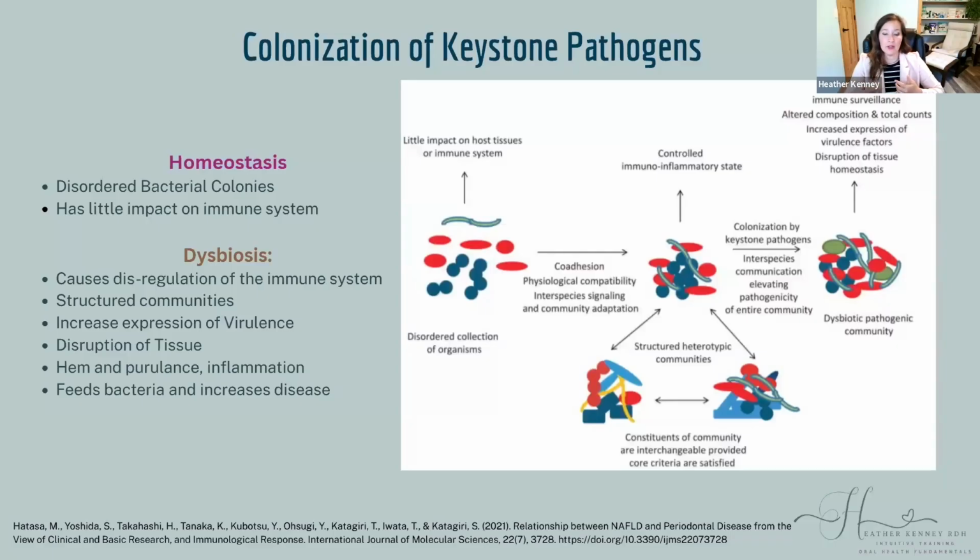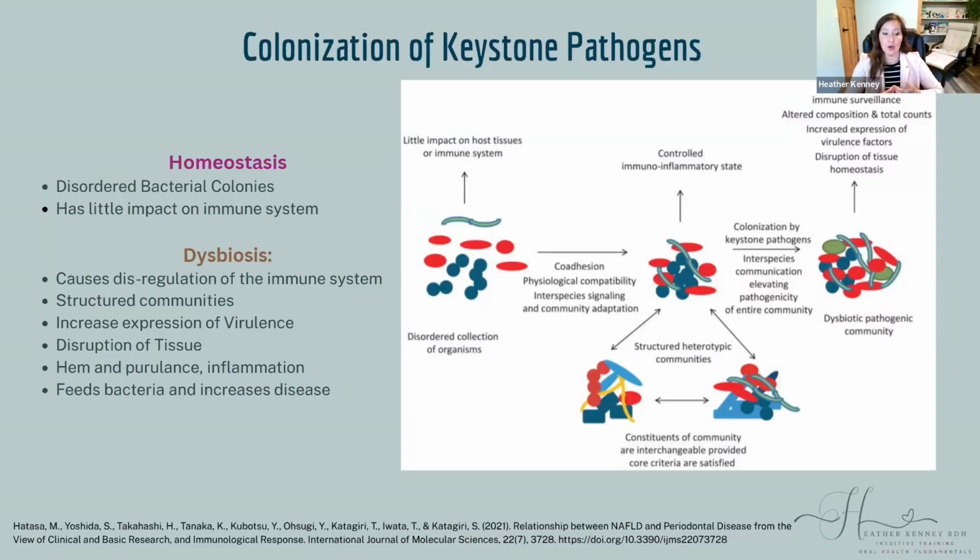So when we have some of those red complex bacteria playing a role, we know we have a biofilm that is in dysbiosis, and it's really well organized, and they feed each other. They work with each other in a really cool facet that causes dysbiosis and destruction of tissue.